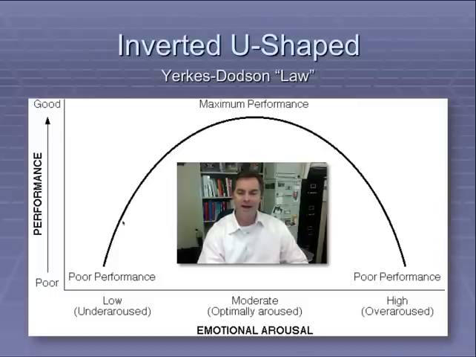You've got to have an increased amount of emotional arousal, and your performance will rise, and hopefully you reach a peak. So the goal is the peak of this distribution, maximum performance for a moderate amount of arousal, just enough to get peak performance. But if you get too aroused, you start to choke and performance drops.